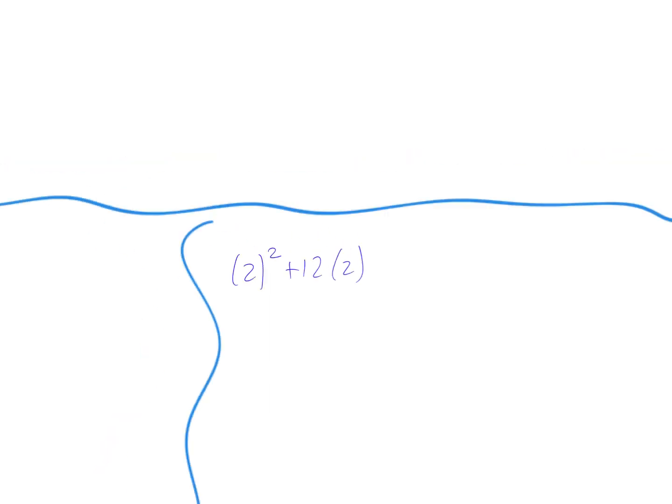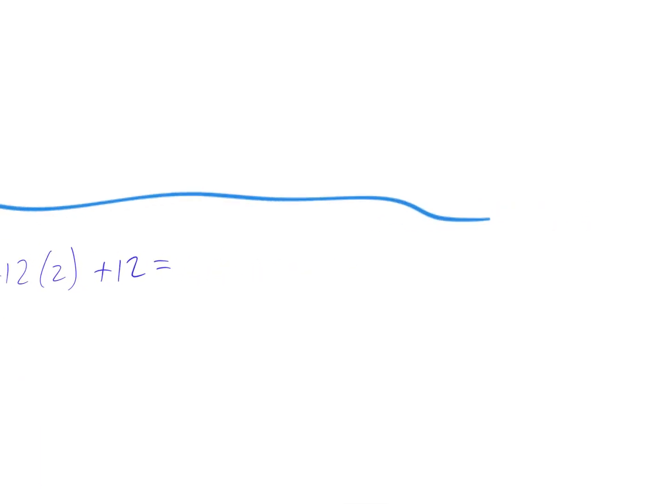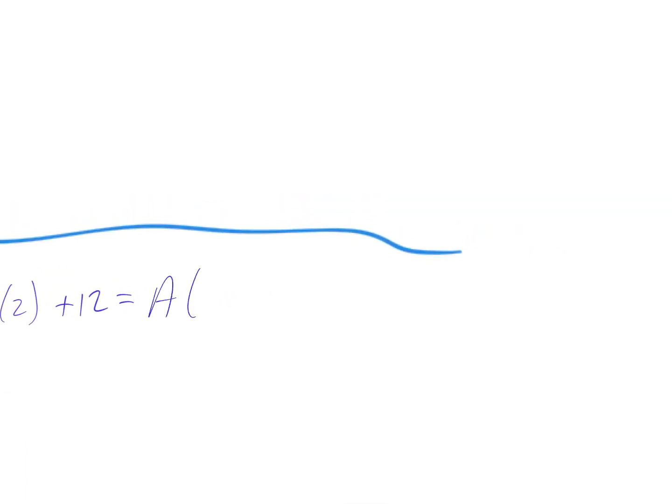So we go back to the beginning. I have 2 squared plus 12 times 2 plus 12 equals a times 2 squared minus 4 plus b times 2 times 2 plus 2 plus c times 2 times 2 minus 2, right?